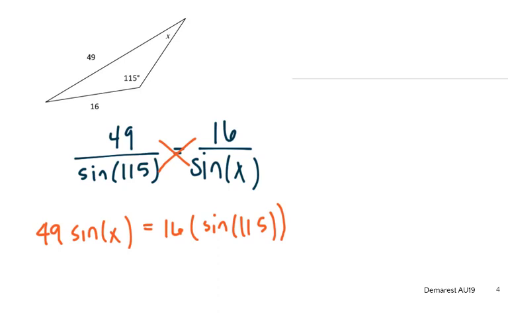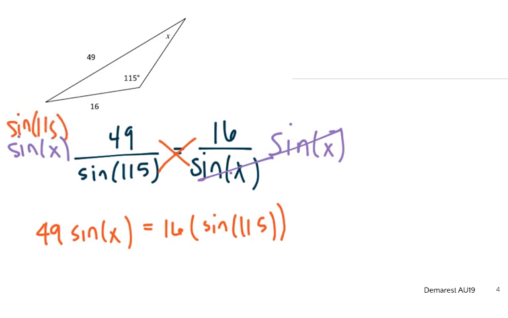Okay, and why does cross multiplying work? Well, we can think of cross multiplying as multiplying both sides by sine of x. So we multiply both sides by sine of x, and notice, it cancels on this side, and we're just left with 16. And then we would multiply both sides by sine of 115, and that would cancel on this side, so that would leave us with 49 sine of x equals 16 sine of 115.